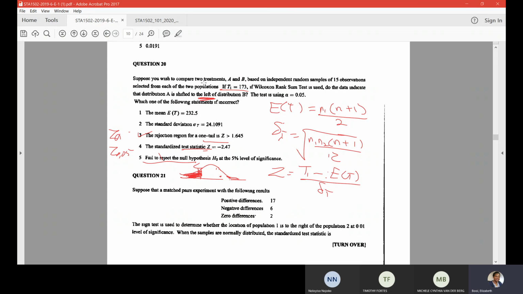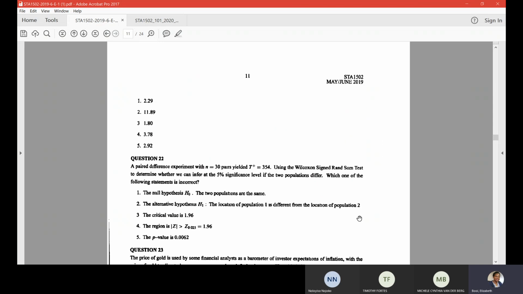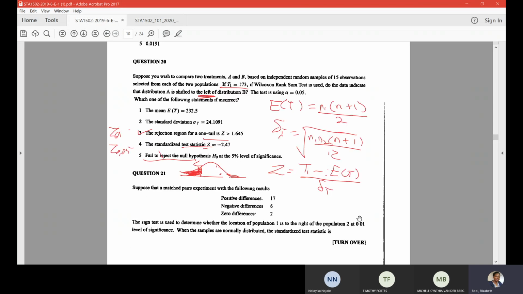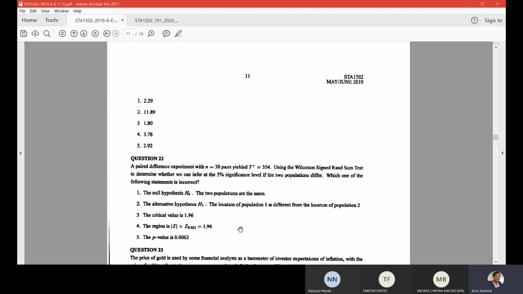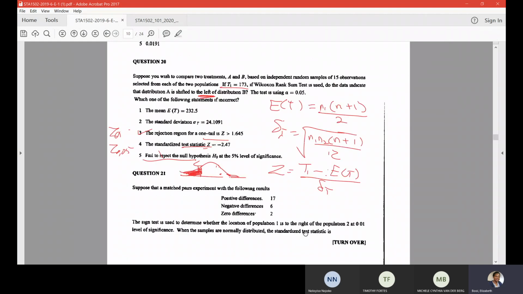And this question 20, we did it in class anyway. So you can also go to the Wilcoxon test section where we did this question in class. And also the following one, it is also the Wilcoxon. Here you are given the positive and the negatives. Here we're only going to use the positive differences to calculate the test statistic.